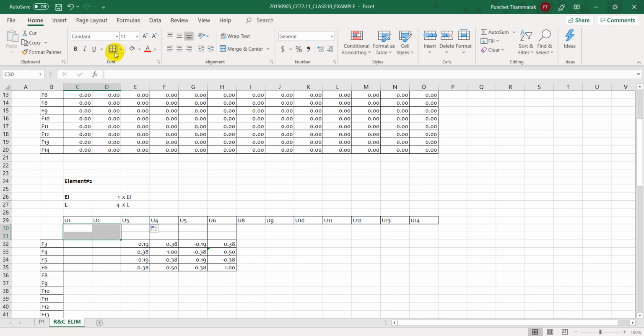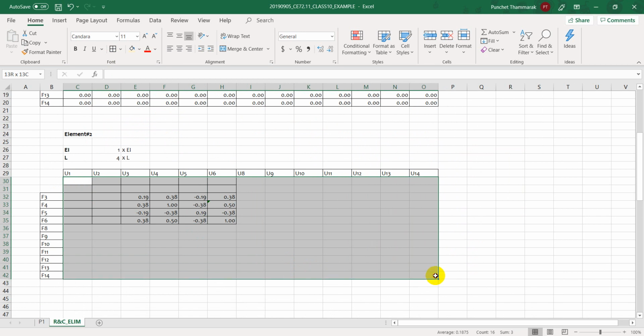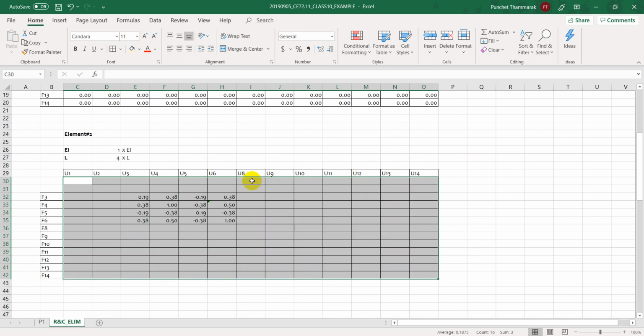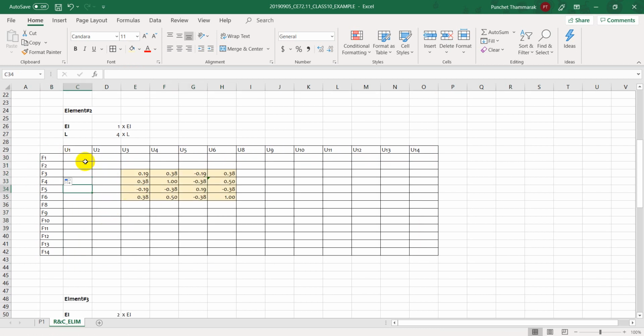Then done. Just this area. So basically this element has no contribution in the other area.